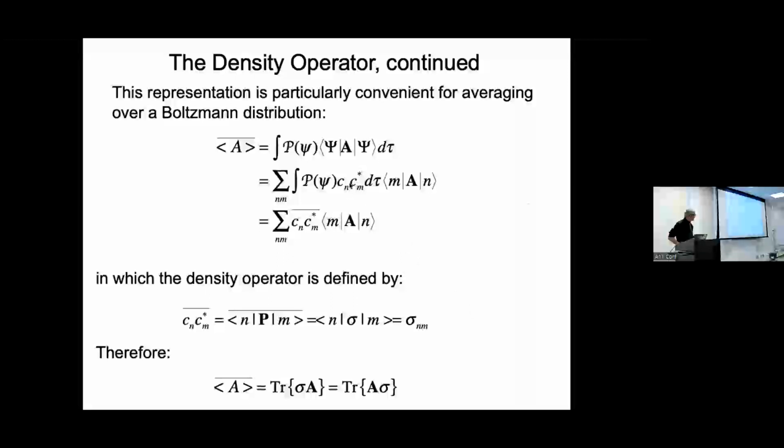these coefficients, C sub n and C sub m, and we have the calculation of the operator acting on the different wave functions. This does not depend on our particular Boltzmann distribution.